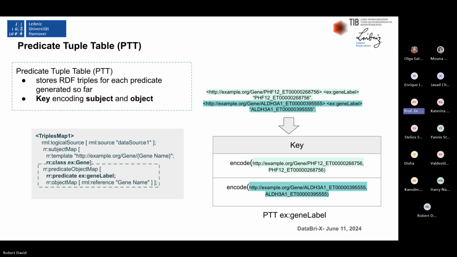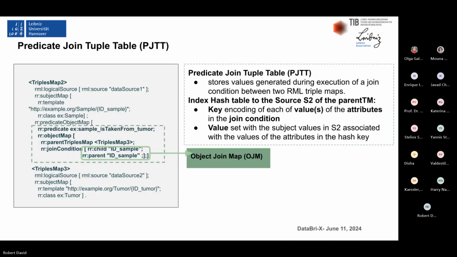For example, suppose that we have these two tuples that were generated for the predicate gene label. In this index structure, what we have is the encoding of the subject and the object of these triples that were generated. So please go next.